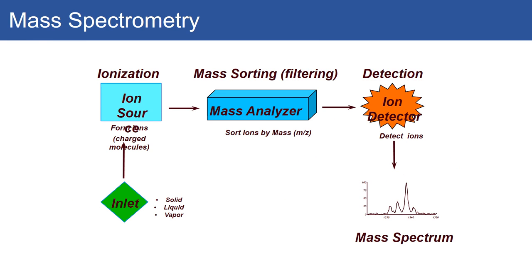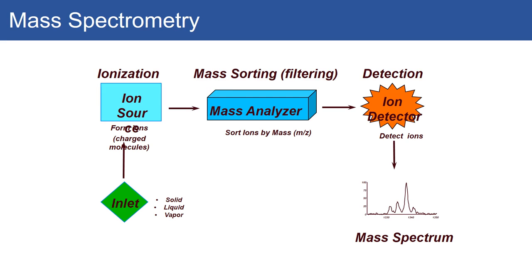The last mechanism of protein identification that we're going to talk about is mass spectrometry. There are 4 major steps in mass spec, as we call it. There's an inlet, and you can have a solid, liquid, or a vapor. Commonly, we do liquids. You then ionize that, and that can happen in any number of ways.